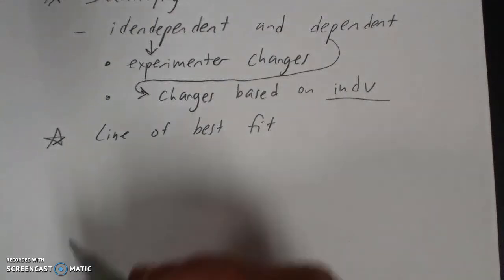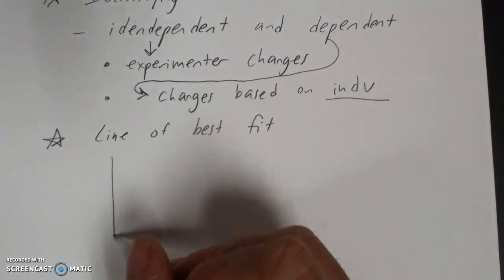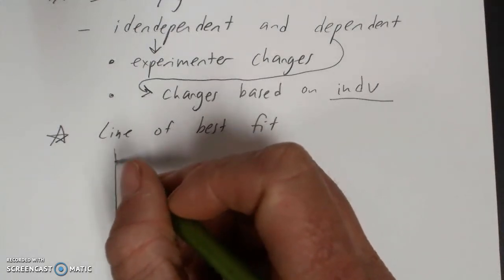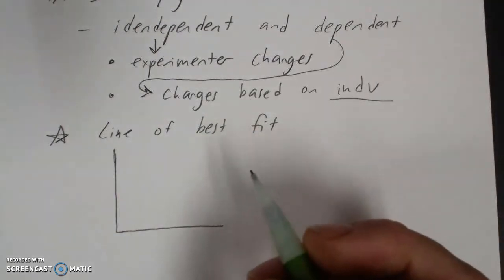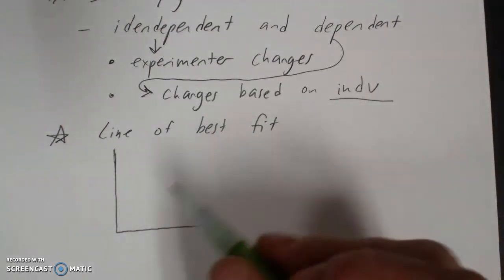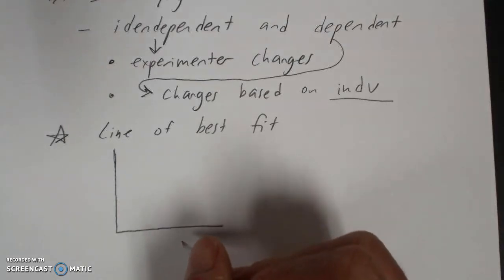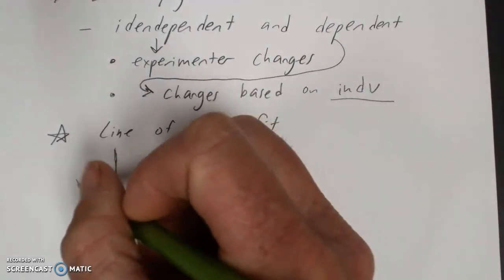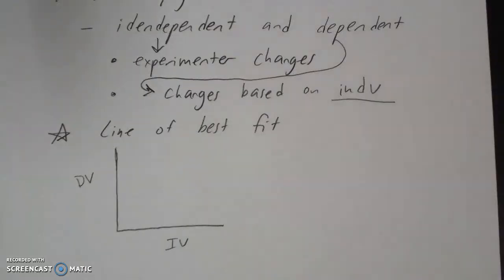I'll go off on a tangent here, and actually pictures are really good in your notes too, which makes handwritten notes maybe a little bit easier. The independent variable is always going to go on your x-axis, and the dependent variable would go on your y-axis.